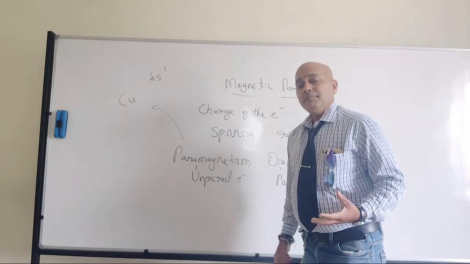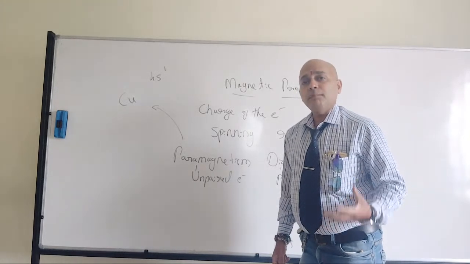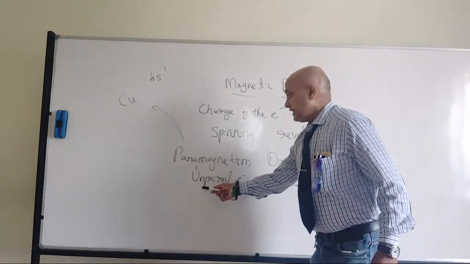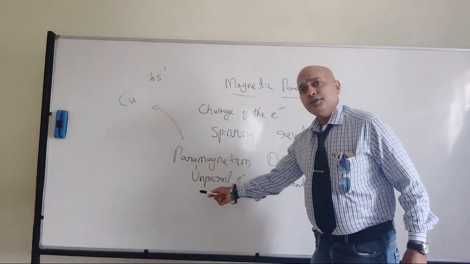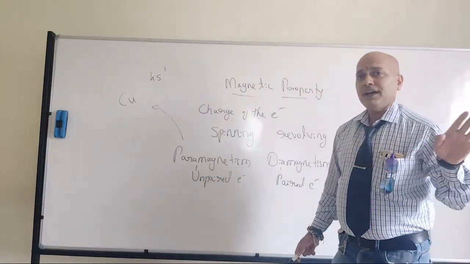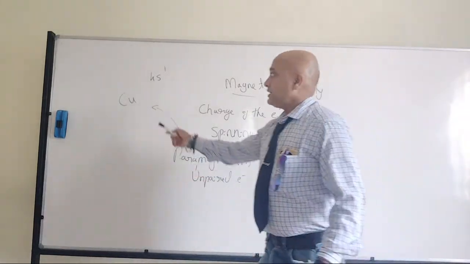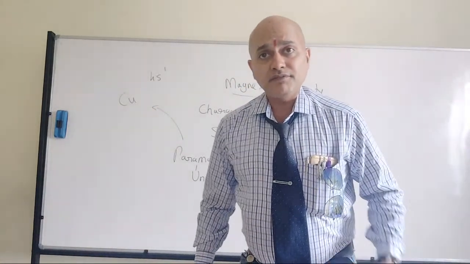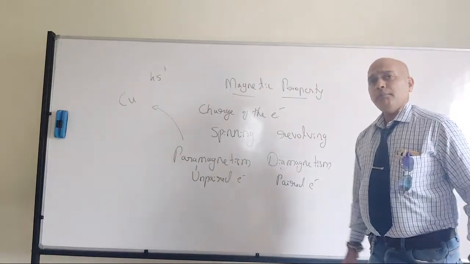Fine. So why will copper not be paramagnetic? That's why I told you, it is a general statement, but not universal. There should be presence of an unpaired electron. That is fine, a general statement, but there are many exceptional cases.